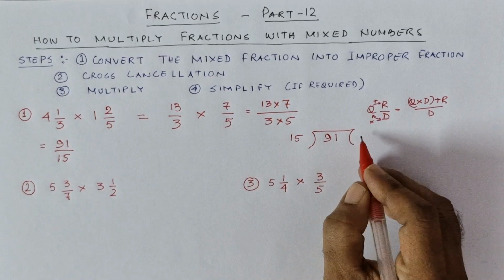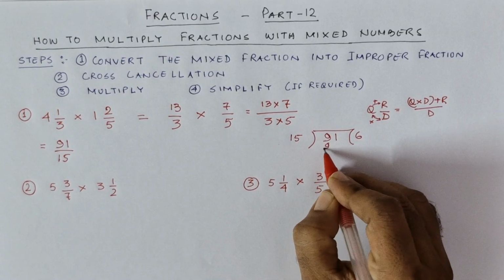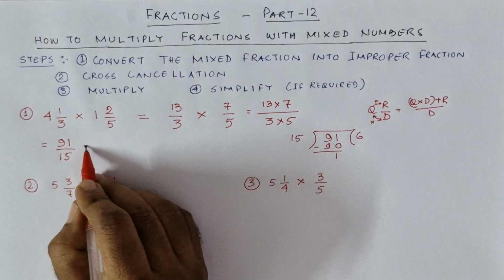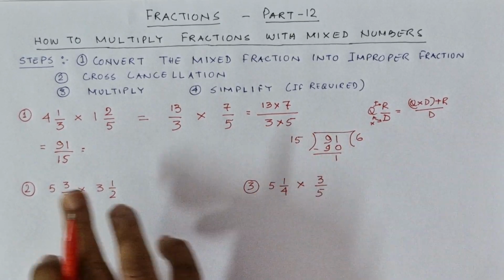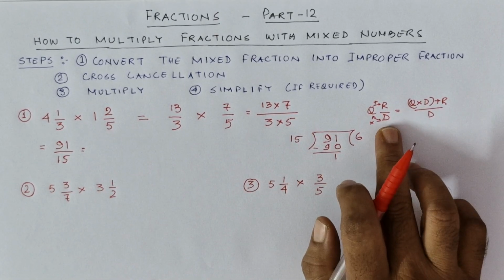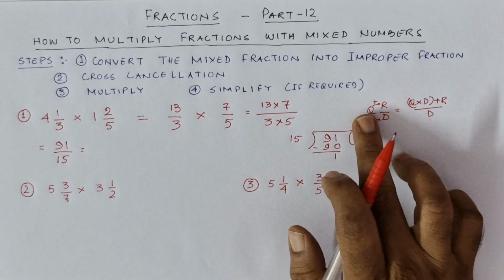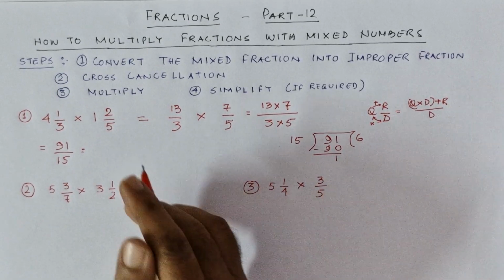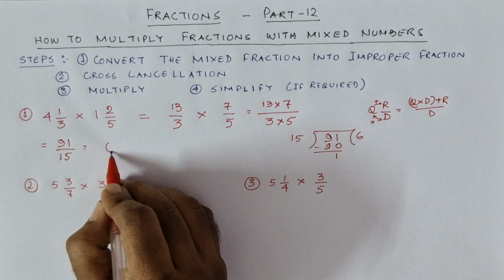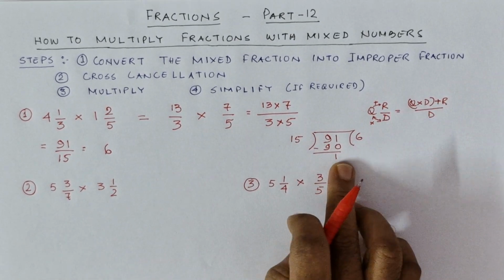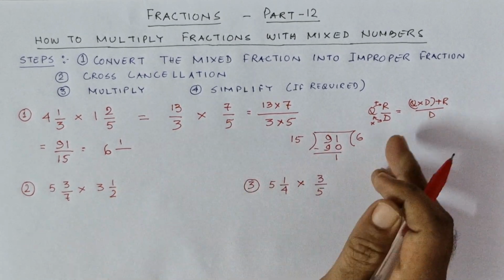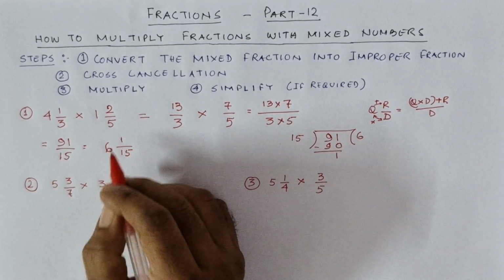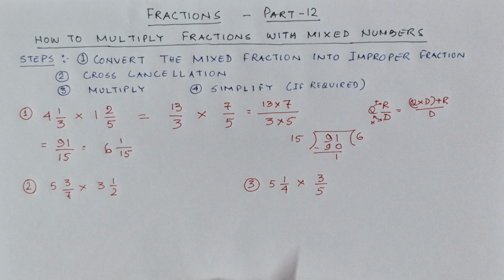So 15 6s are 90, minus, so 1 is the remainder. So we'll represent it in this way. What is in the whole is the quotient. So the quotient is 6, so in the quotient area we'll write 6. In the remainder we'll write 1. And the denominator remains. So it has been again represented as a mixed fraction.